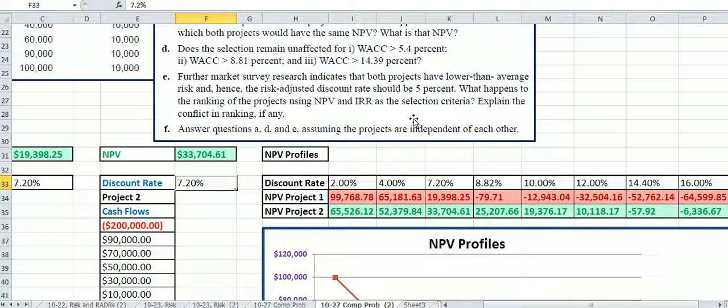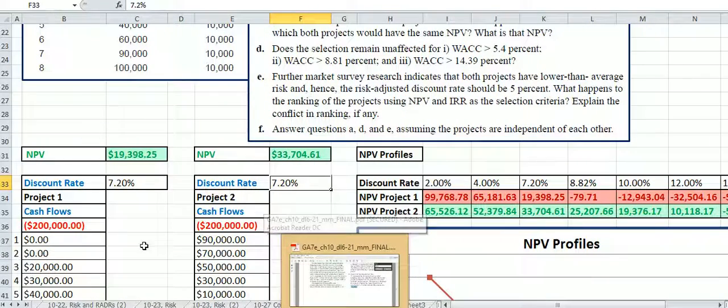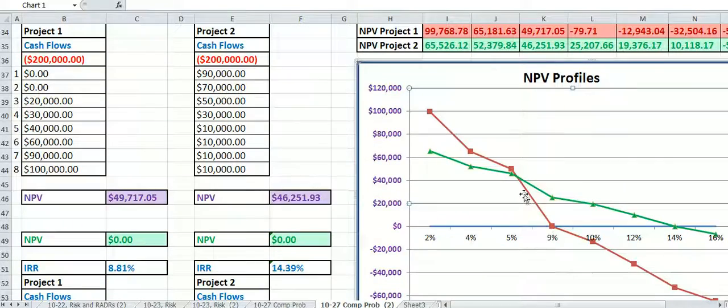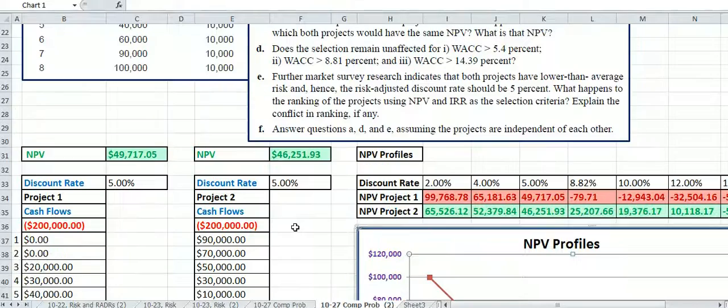And then E, okay, answer questions A, D, and E. Okay, so at 5%, obviously you would do both because at 5%, once again, and you can also see it here if we plug in 5 right there, you can see at 5%, they're both positive by a long ways. So the key here is if they're independent, you're going to do the projects.